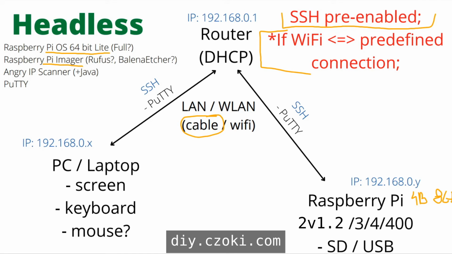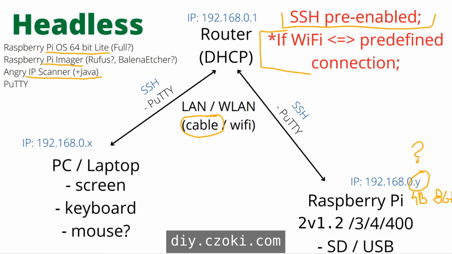For a case where the connection is over a cable with a static IP or wireless with predefined credentials, we may not have to use any network scanner. But for the case where the IP of our Raspberry Pi after first boot will be unknown, we're going to use Angry IP Scanner, which also requires Java to be installed.